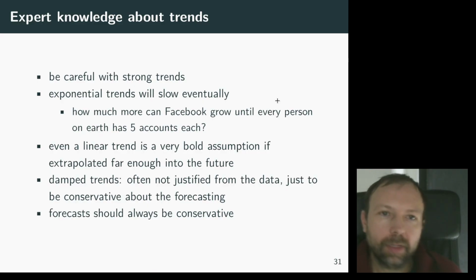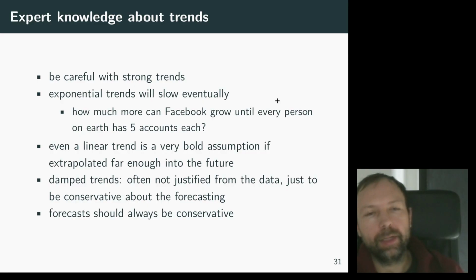Another thing about trends, there's quite some expert knowledge that you should use about the trends. I've said it before, always be careful with strong trends. Exponential trends eventually will slow. As an example, how much more can Facebook grow until every person on Earth has 5 accounts each, right?